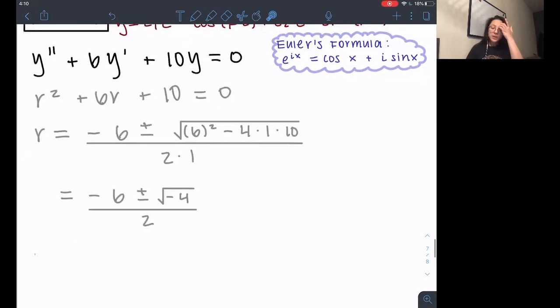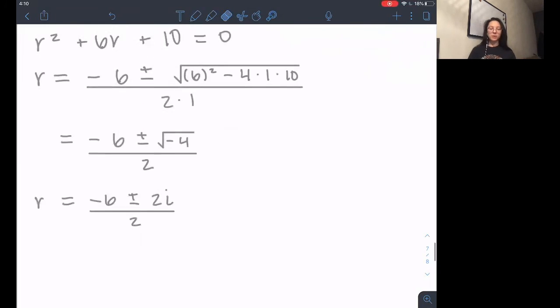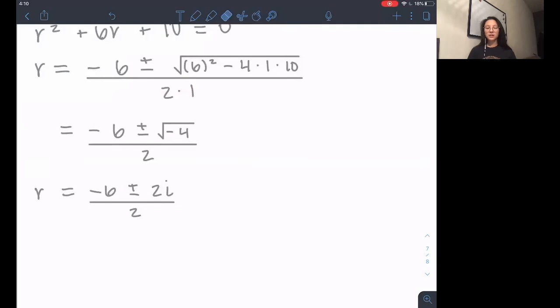And then we can simplify it even further by saying -6 plus or minus the square root of -4 over 2. And we're going to simplify that even further by putting r equals -6 plus or minus 2i over 2. And when you simplify that, you get r equals -3 plus or minus i.